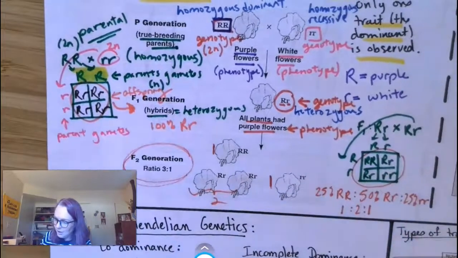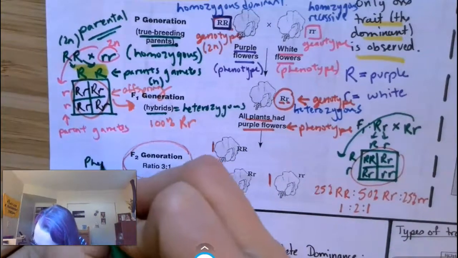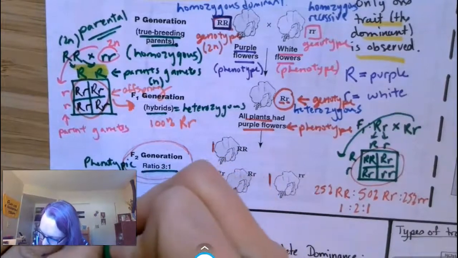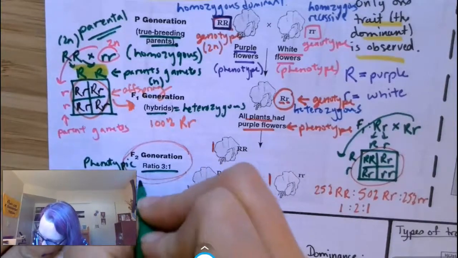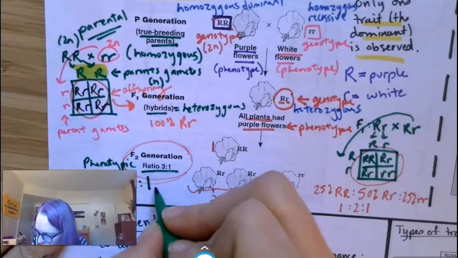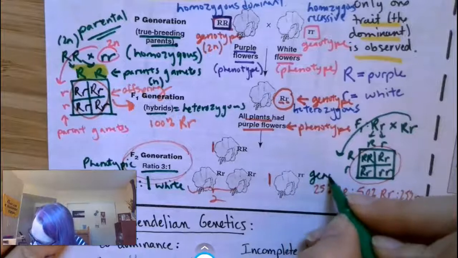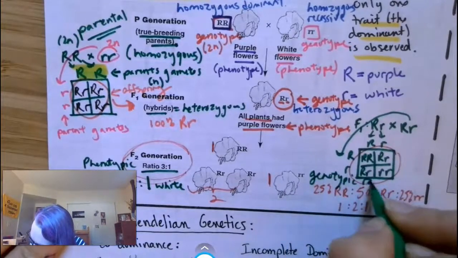Here's the 1, here's the 2, here's the 1. That's for genotypes. If we're looking at phenotypes, the phenotypic ratio would be 3 to 1: 3 purple to 1 white in the F2 generation. This over here is the genotypic ratio.